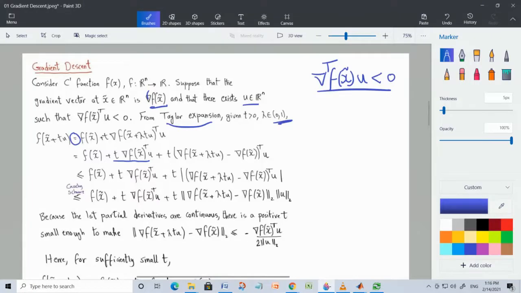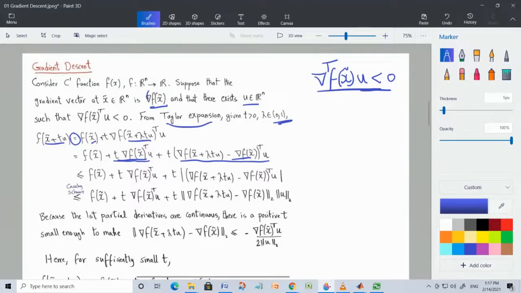So if you have x tilde here, x tilde plus tu here, and x tilde plus lambda tu here, for some lambda between 0 and 1, but we have this condition at x tilde itself, so what we'll try to do is add this term and subtract it. Okay, and then this is an inner product multiplied by t.